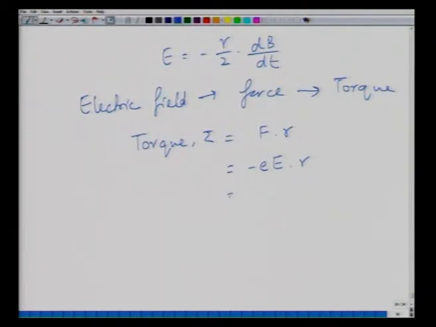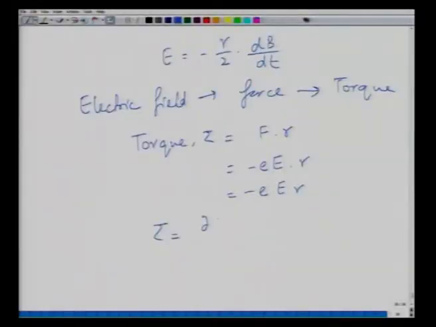As a result it becomes minus e E r, and this torque is the time derivative of angular momentum. So, tau is nothing but dJ by dt. This is again from classical physics. So dJ by dt is equal to minus e multiplied by E, which is minus r by 2 dB by dt.